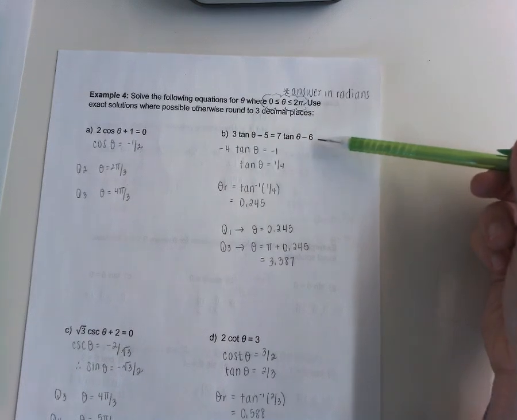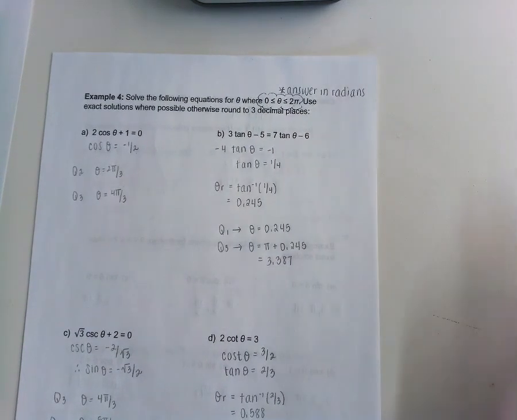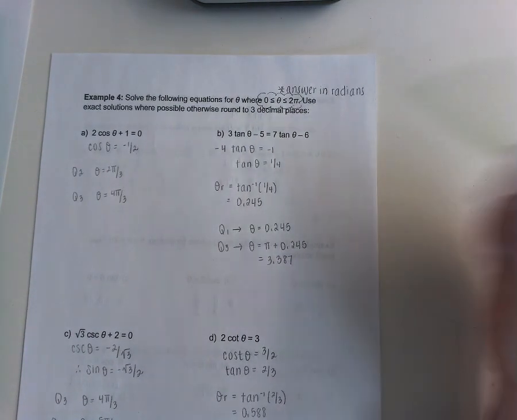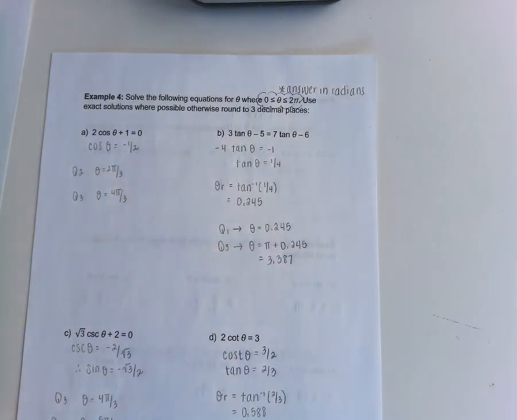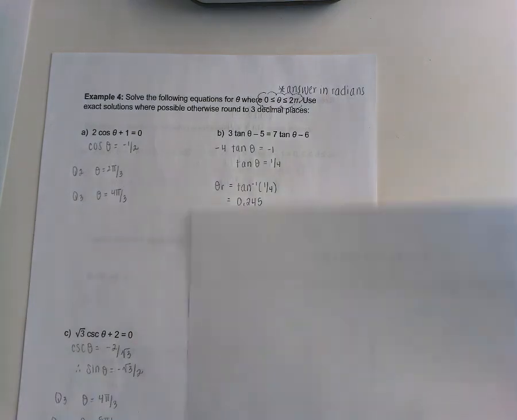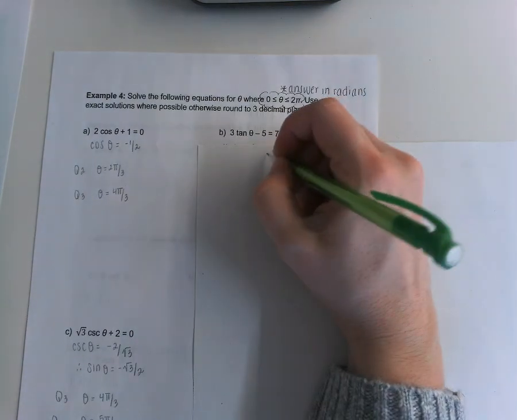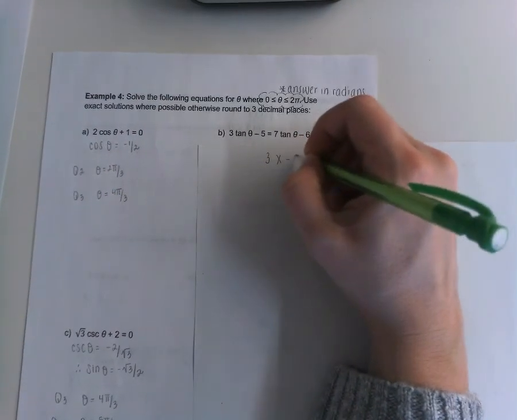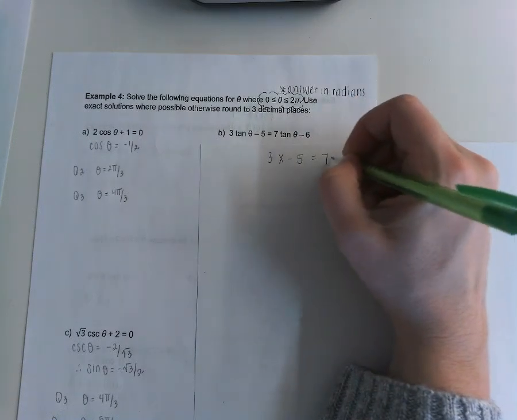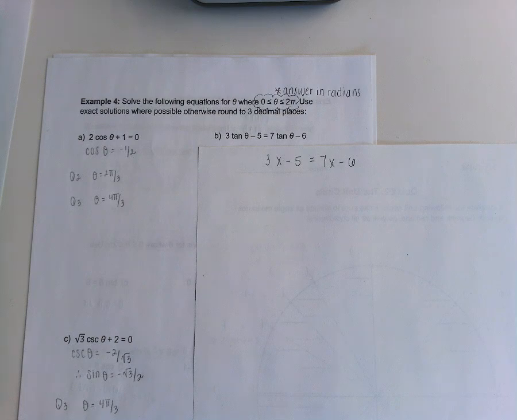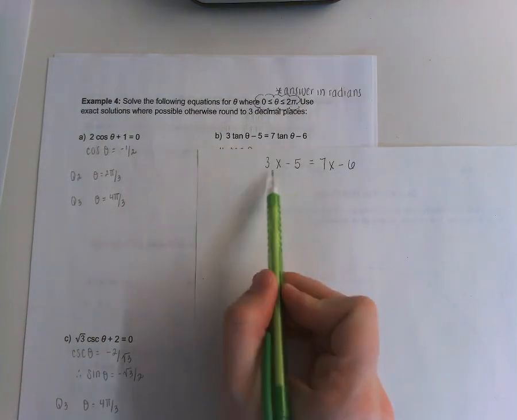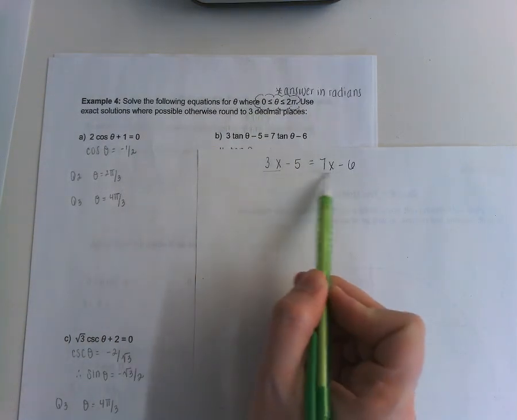In question B, it's a little bit more complex of a question. We've got tan theta on both sides. Remember, you can treat this in a very similar way to how you would treat something like 3x minus 5 equals 7x minus 6. Okay, so you can treat it very similar to that, in that we want to gather the like terms.